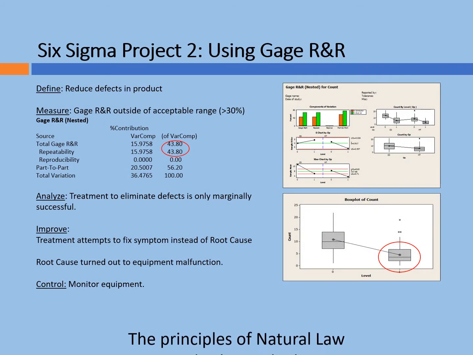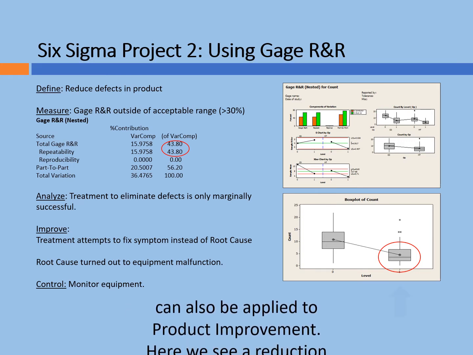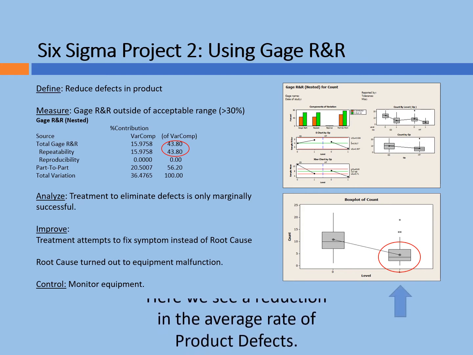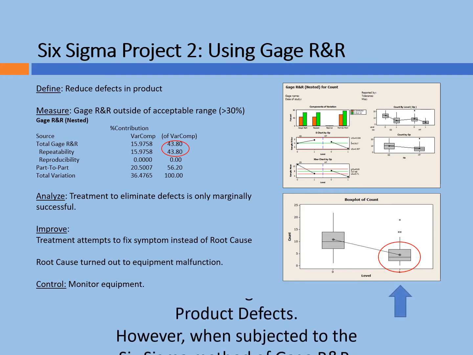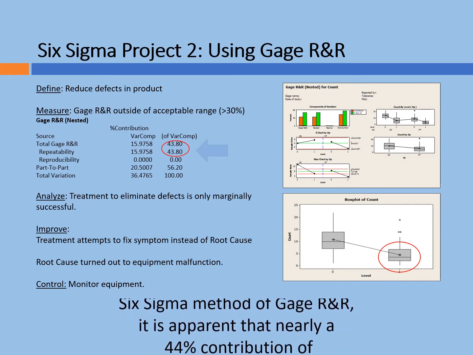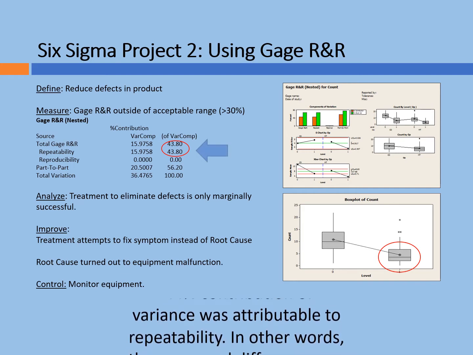The principles of natural law can also be applied to product improvement. Here we see a reduction in the average rate of product defects. However, when subjected to the Six Sigma method of gauge R&R, it is apparent that nearly a 44% contribution of variance was attributable to repeatability.